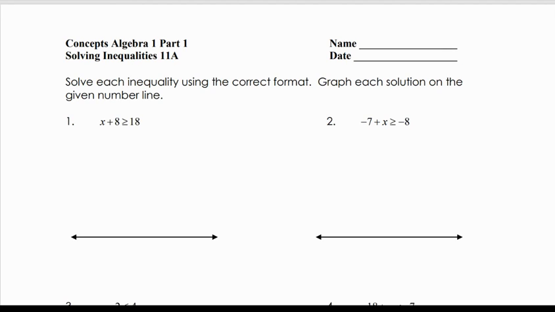Our goal for solving inequalities is to get our variable alone. We need to remember important rules, our negative rules.